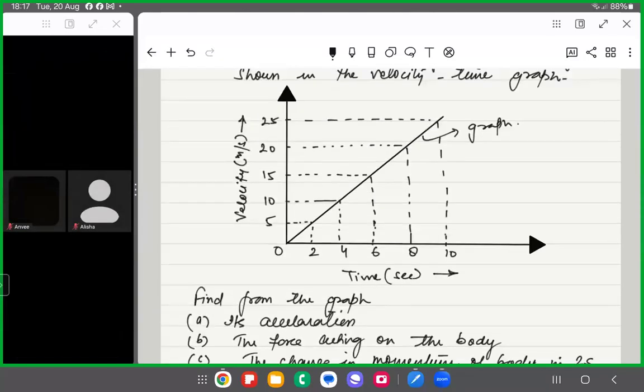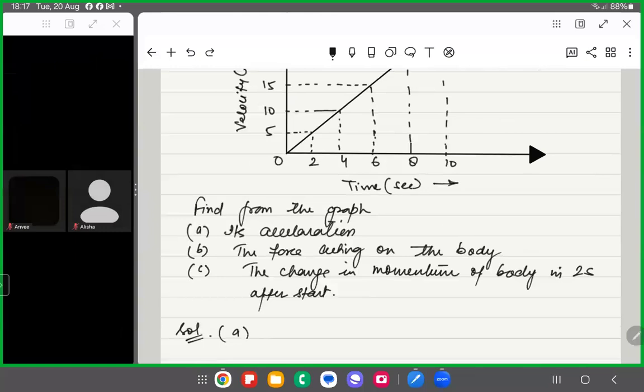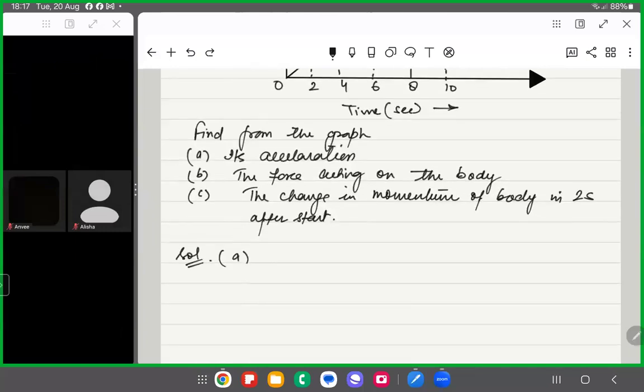So see, this is a velocity time graph, velocity and time. If you find out the slope of the velocity time graph, it will give you the acceleration. So acceleration is the slope of the velocity time graph.